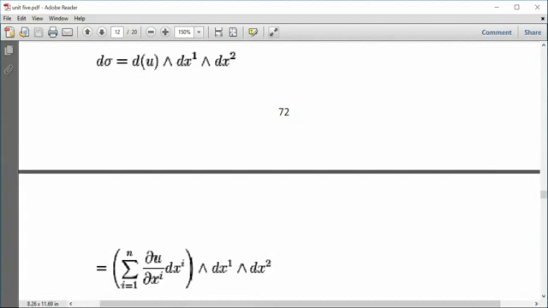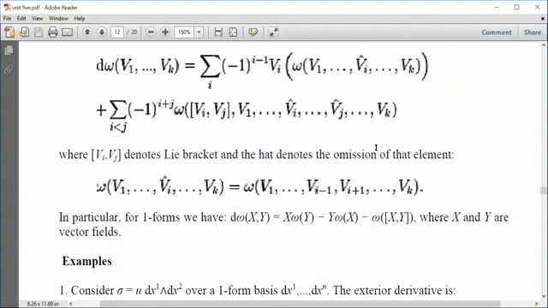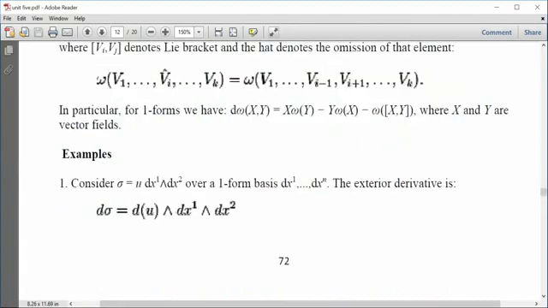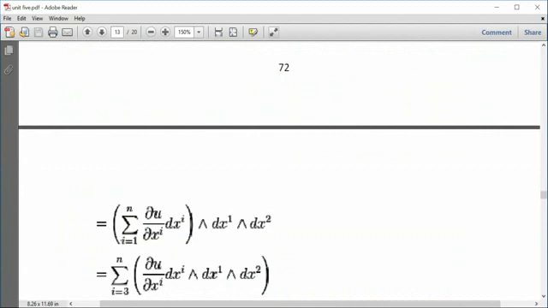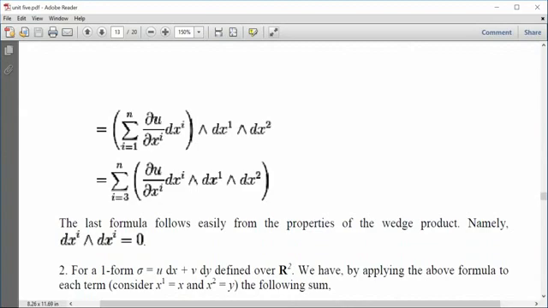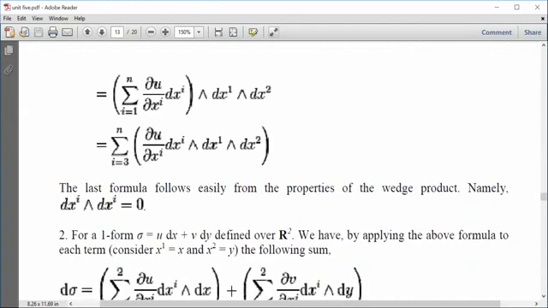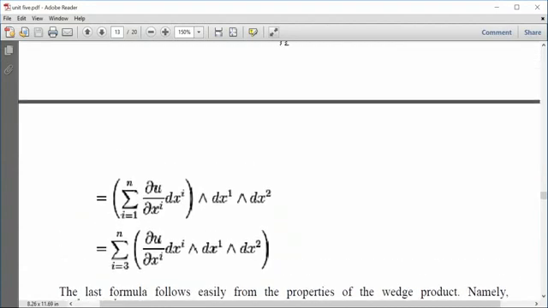The derivative of u is actually the summation; we are substituting this formula, this summation. Then we cross dx1, dx2, putting the summation outside. So you can see that this formula just remains the same. You're just putting the summation, and you are summing from i equal to 3 to i equal to n. Why are we summing from that?